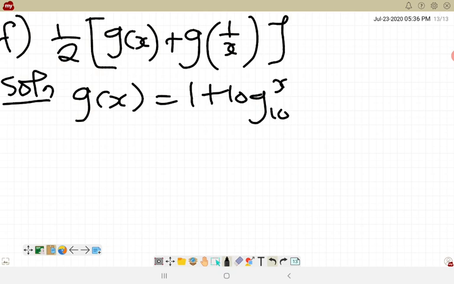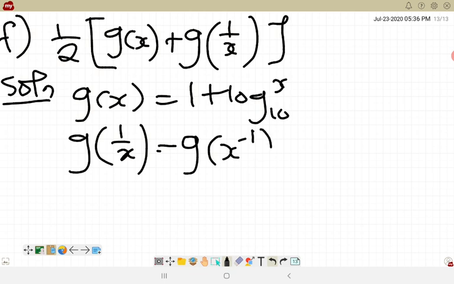Okay, so g of 1 over x is the same thing as g of x inverse, which is the same thing as 1 plus log x base 10 inverse.